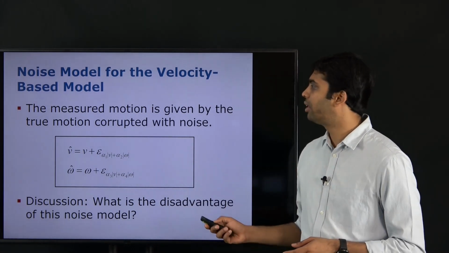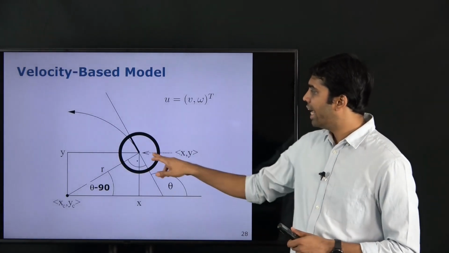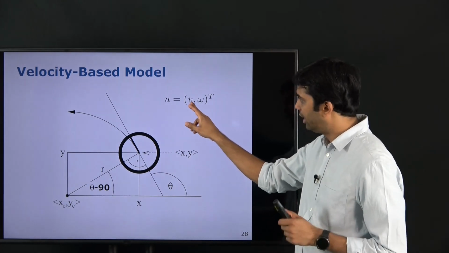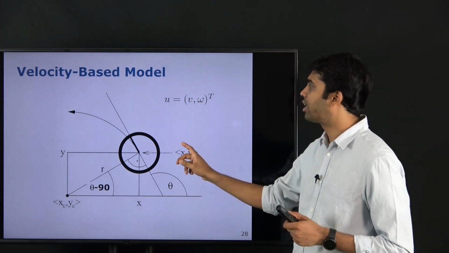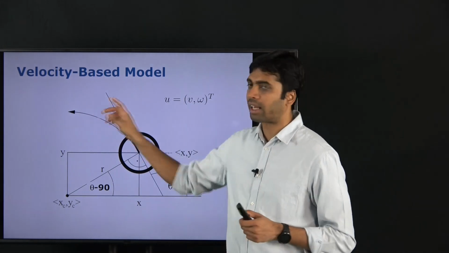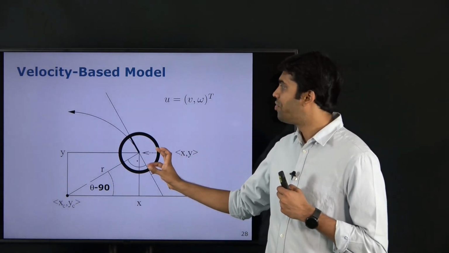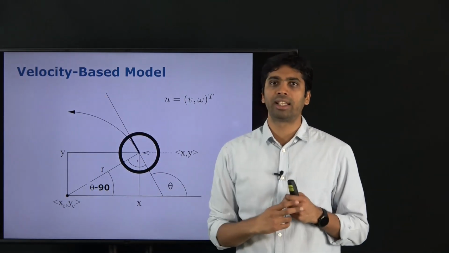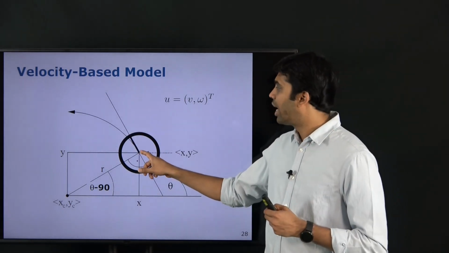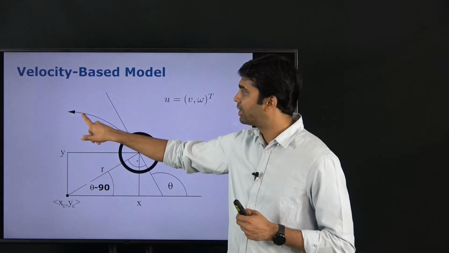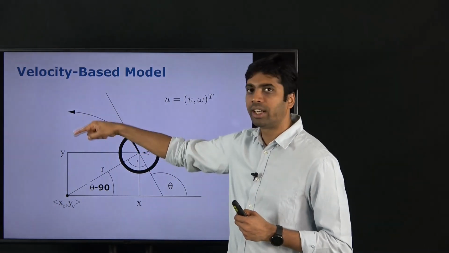And the way to think about this is that if we give a particular linear and an angular velocity, this corresponds to a particular arc that this robot traverses. But what we are missing is the orientation along that arc that it travels. So you could end up, say, at the same position on this arc, but having different orientations.